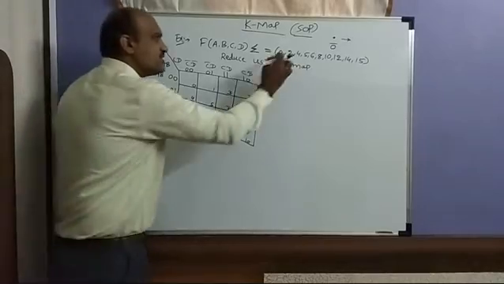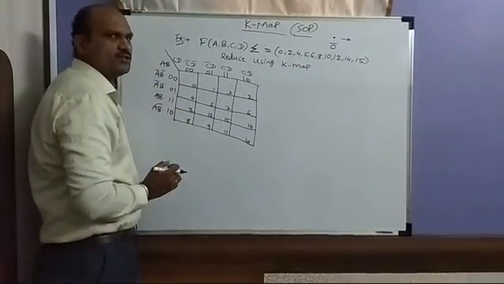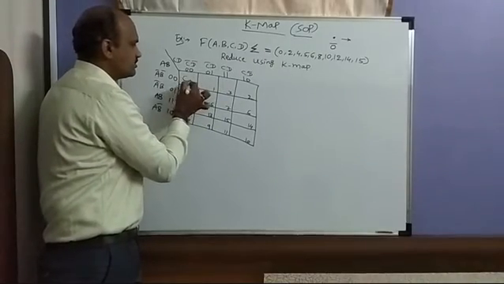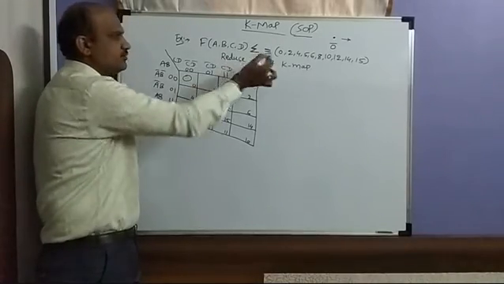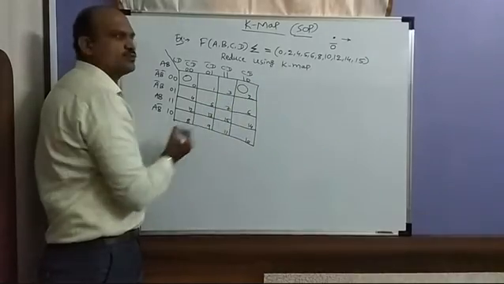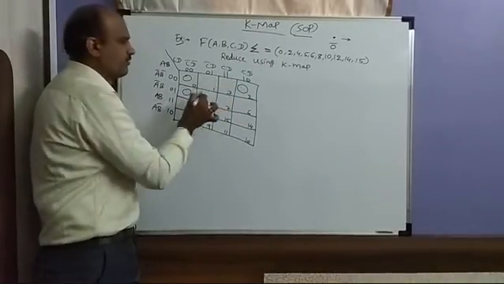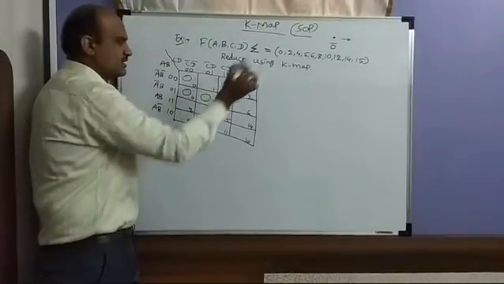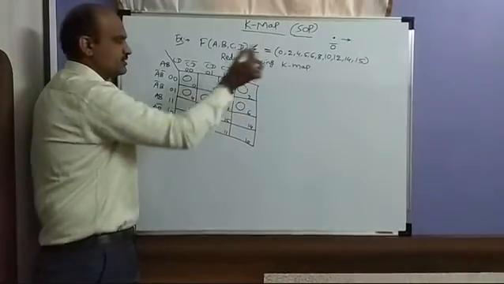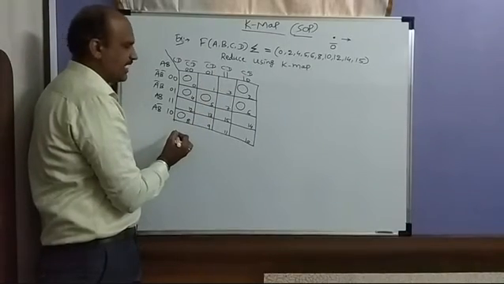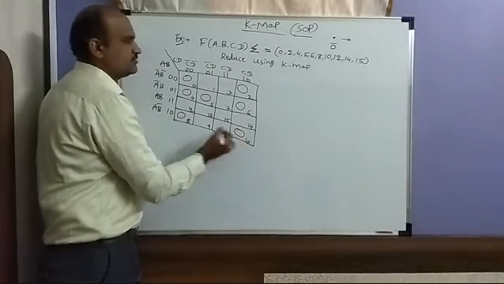Next, the numbers they have given, put those numbers as 0. So 0 is there, put the 0 here. Then 2 is there, put 0 for the 2. Then 4 is there, put the 0 here. Then the 5, 0. Then 6, 0. Then 8 becomes 0. Then 10 becomes 0.